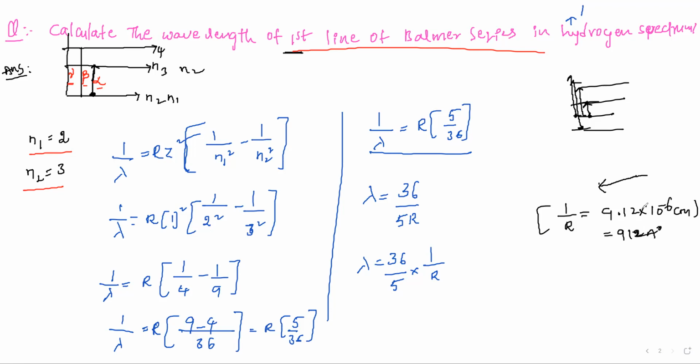Substitute the R value here. The lambda equal to 36 by 5 into 9.12 into 10 to the power of minus 6. Calculate this one. Do the simplification. No need to change this 10 to the power of minus 6.